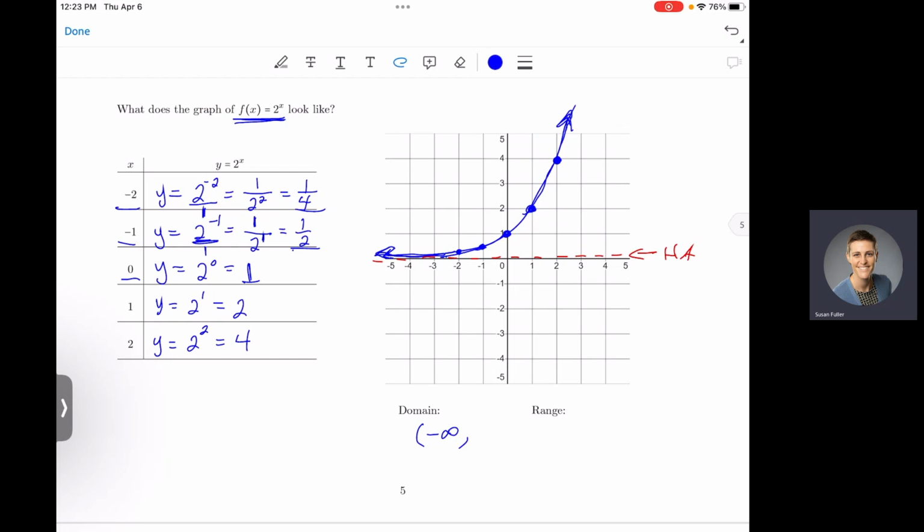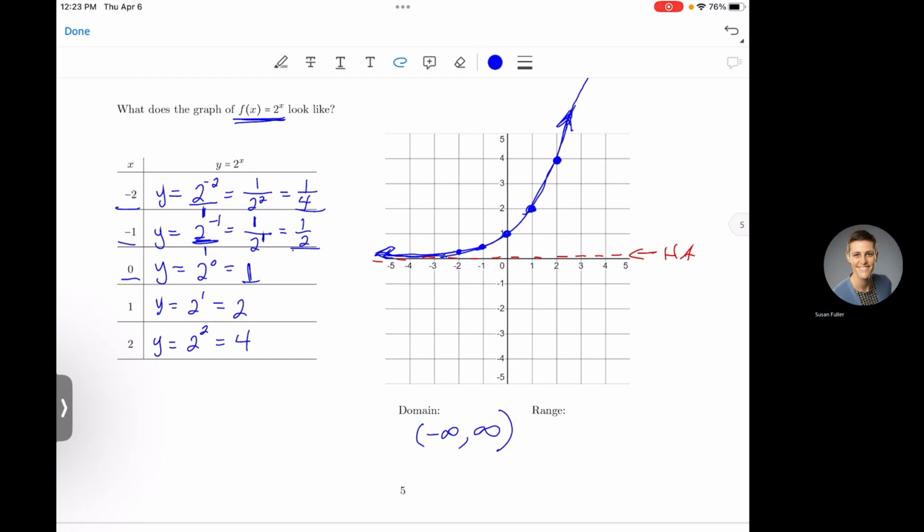So eventually 3 is going to be covered, and then 4, and then eventually 5 is going to be covered. It's going to keep on going, and it's going to keep covering x values. It's going to take a very, very long time, but this is going to cover x values all the way up to infinity. So our domain here is -infinity to infinity.